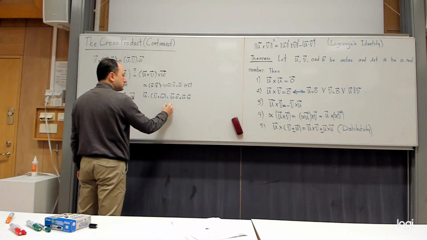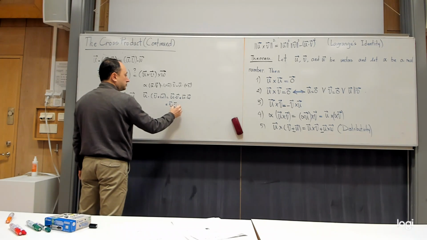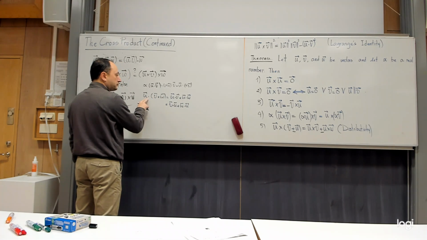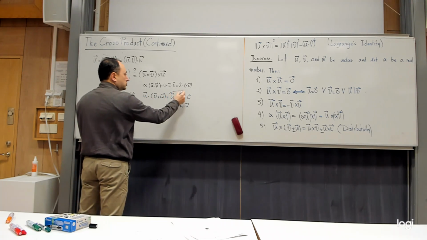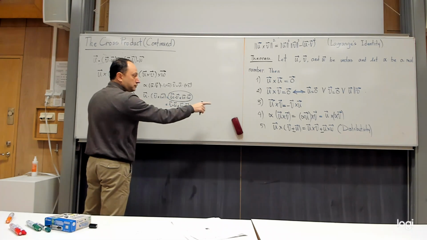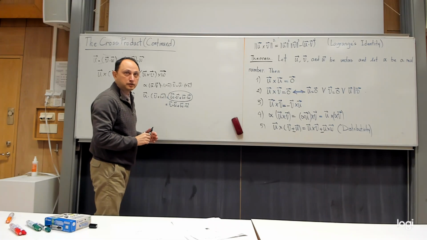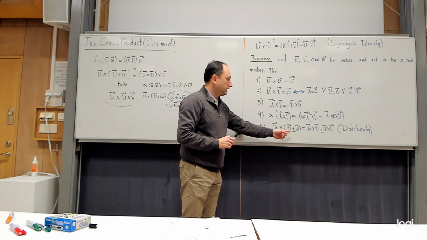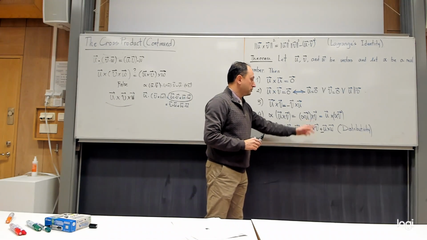I can write it as v dot u or w dot u, because it's commutative. But in the cross product, if you write the other way around, it would be wrong. So if you distribute from the left, you always have to distribute from the left.